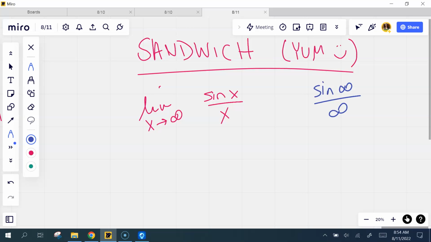Because the sign's oscillating, yes? Changing. So really, I don't think I'm going to be able to use that. But I can use what? The sandwich theorem. Because I do know that sine x is always going to fall between -1 and 1.